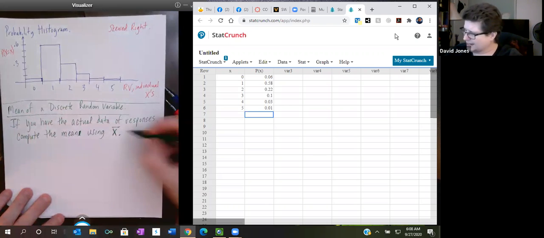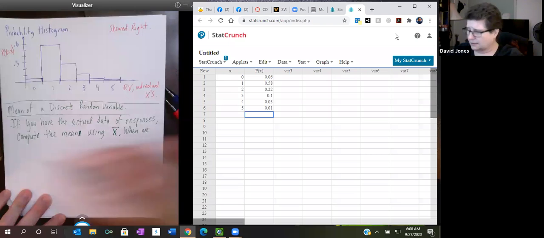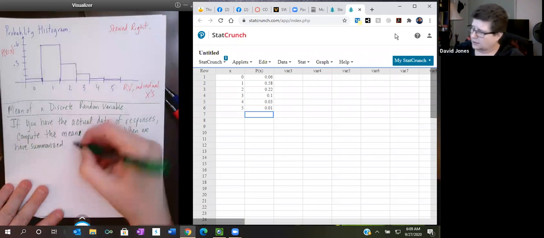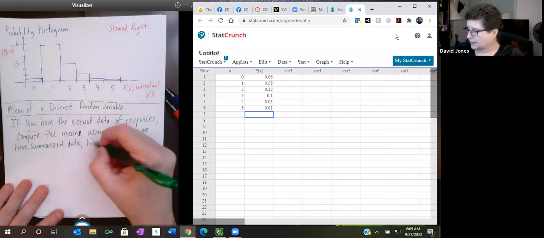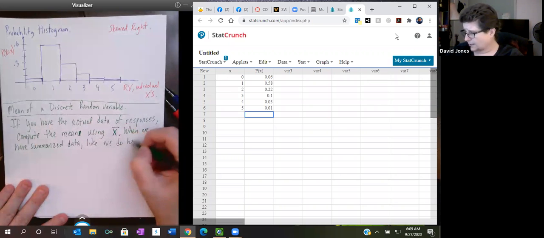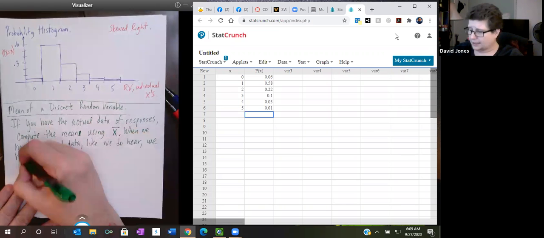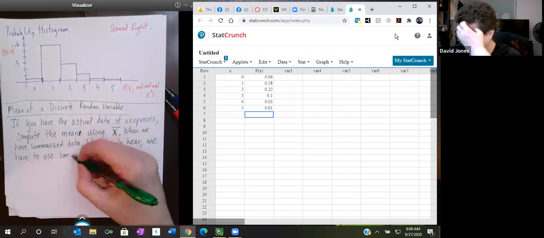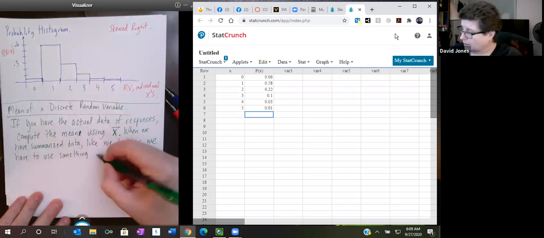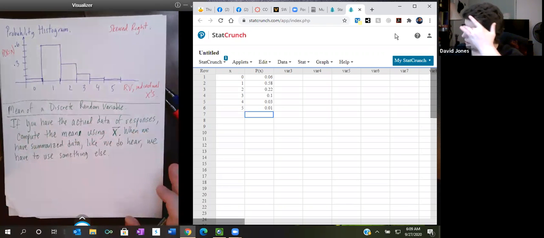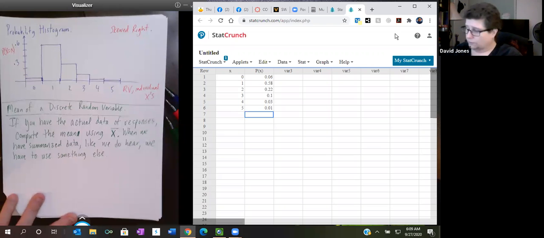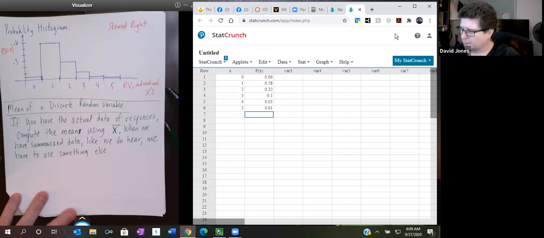When we have summarized data like we do here, we have to use something else. What we do, we call this mean. Remember, mean is mu.